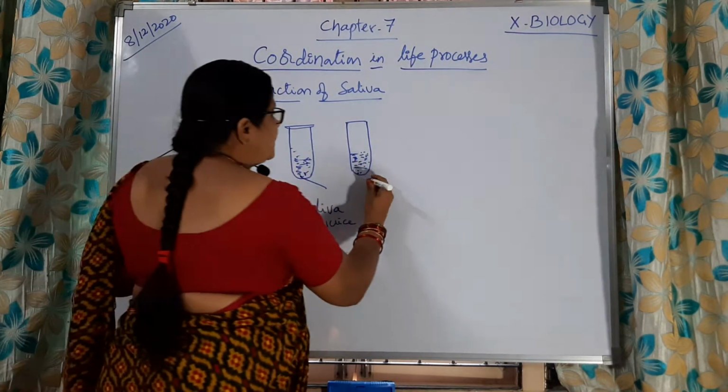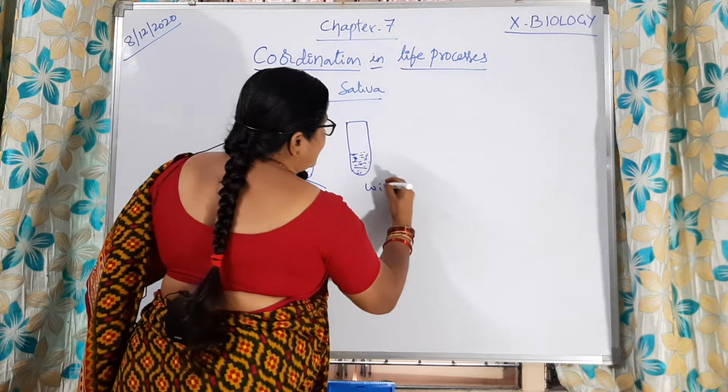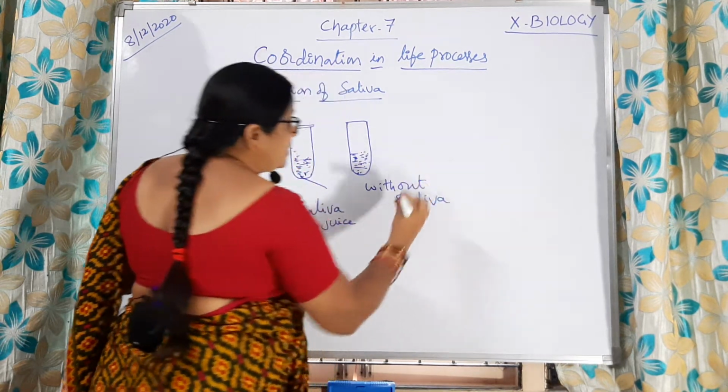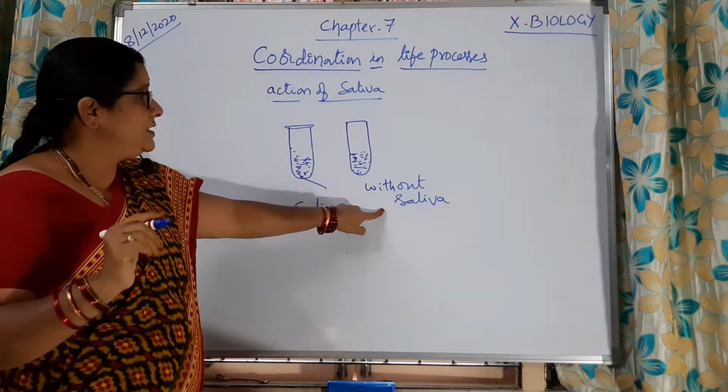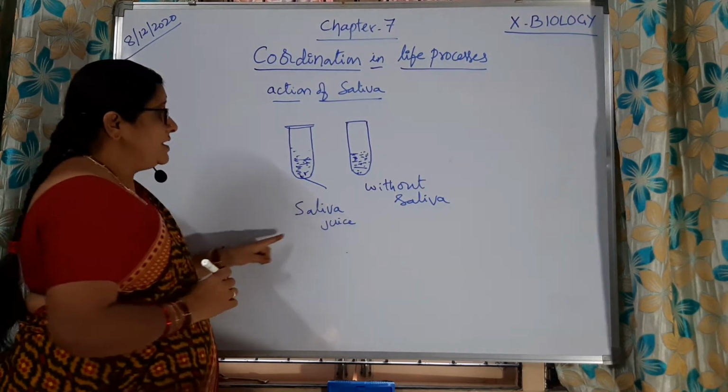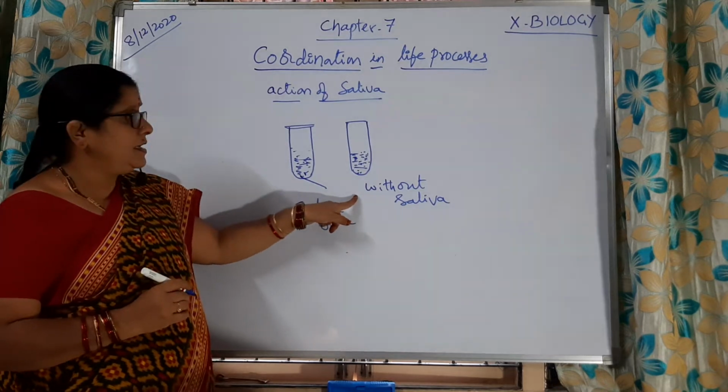The other test tube is without saliva, without salivary juice. Is it clear to children? This test tube is added with the salivary juice and this test tube is not.